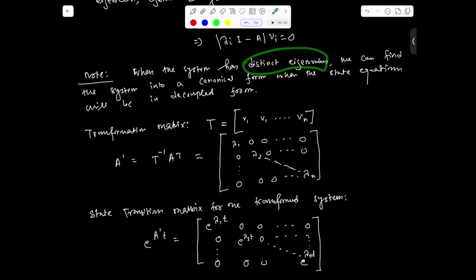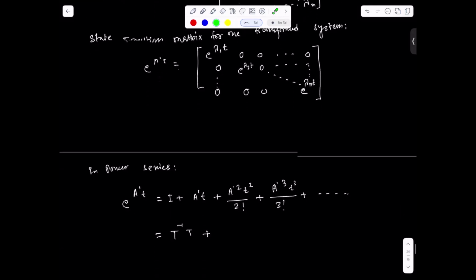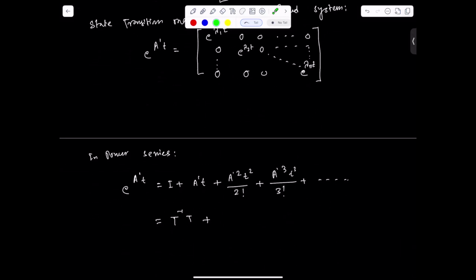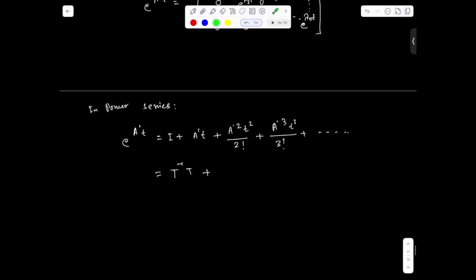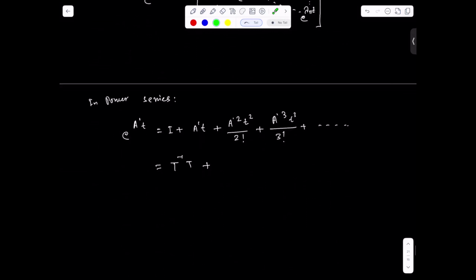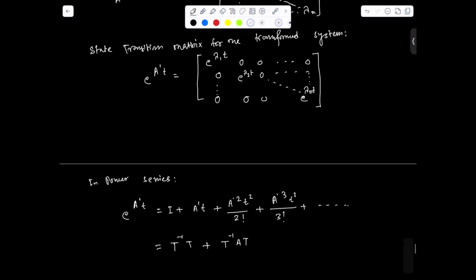If the eigenvalues are distinct, different from each other, the eigenvectors will automatically be different for the system. That's why T inverse exists. Now, in place of A dash, we can also write T inverse AT. This is what we defined before.